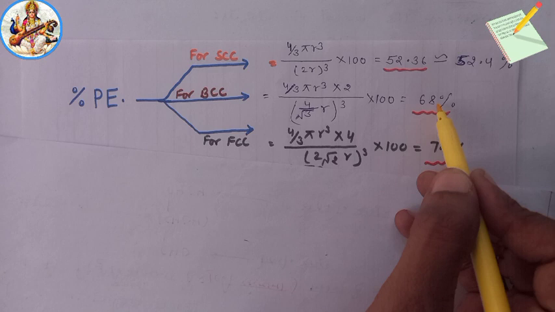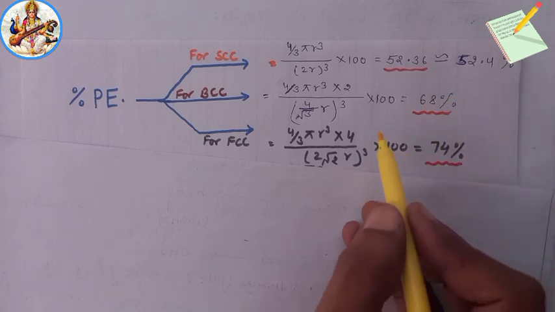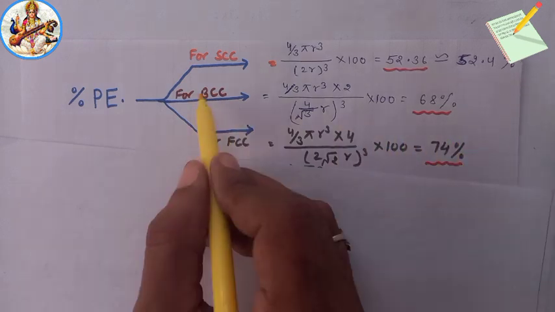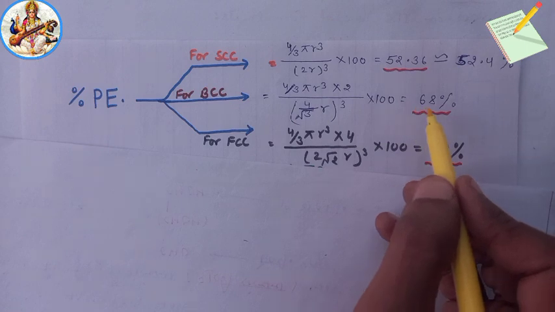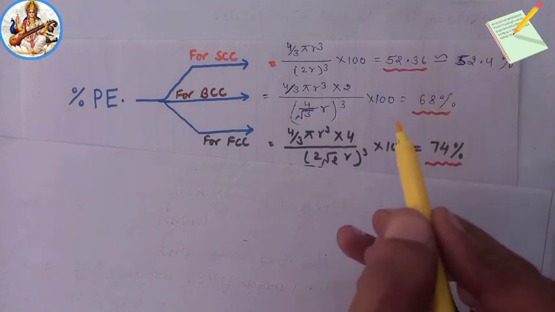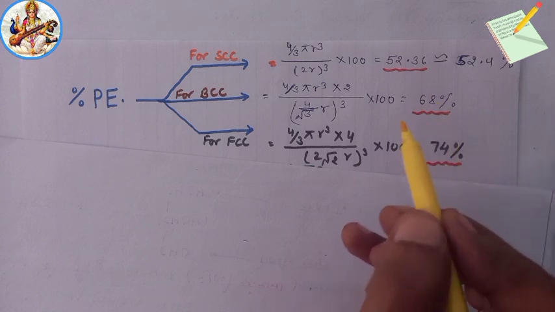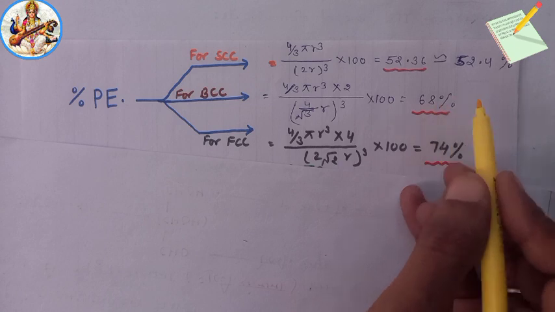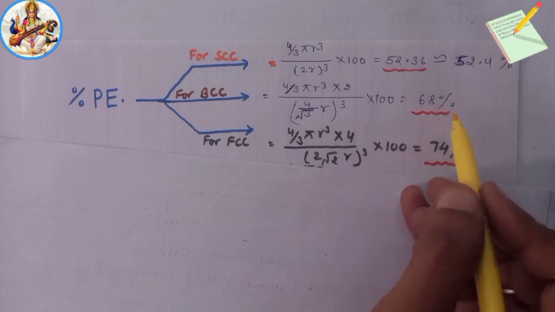Resultant value is 68%. Hence, the total volume occupied by spheres or particles in BCC unit cell is 68%, while the empty space between particles or voids is 32%. 100 minus 68 is equal to 32%.